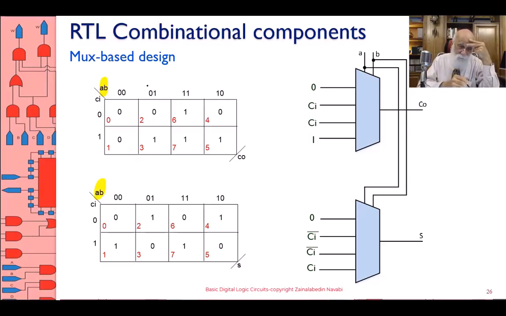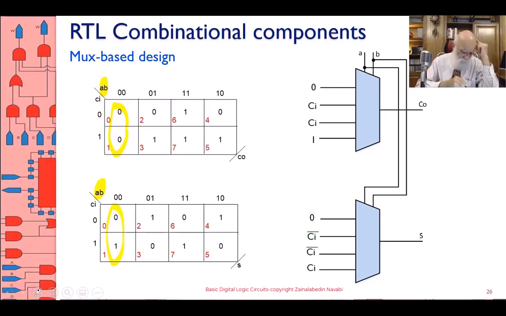When AB is 0, 0, I'm going to be sending 0 through whether C is 0 or C is 1. I'm reading my Karnaugh map differently. I'm not reading my Karnaugh map based on prime implicants or implicants. I'm reading my Karnaugh map based on the columns.